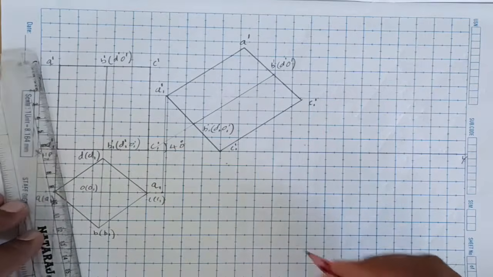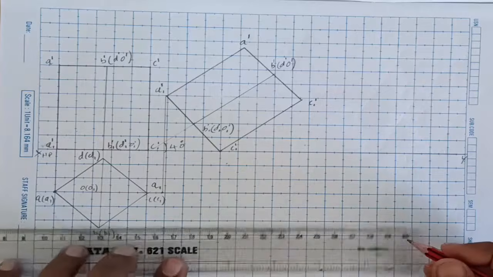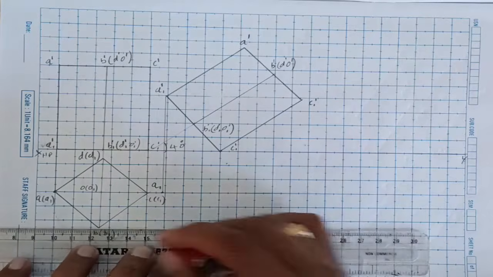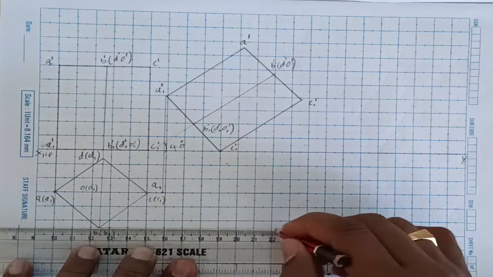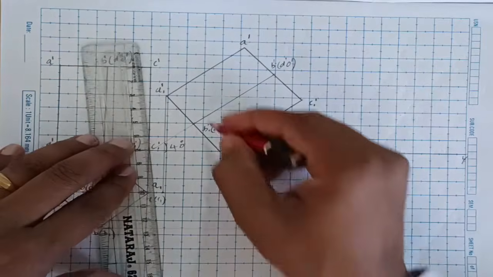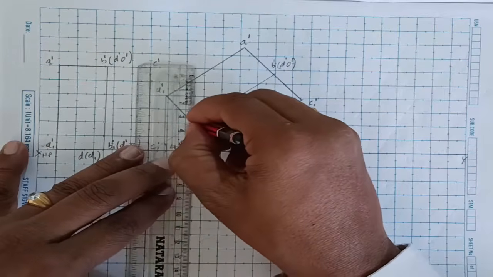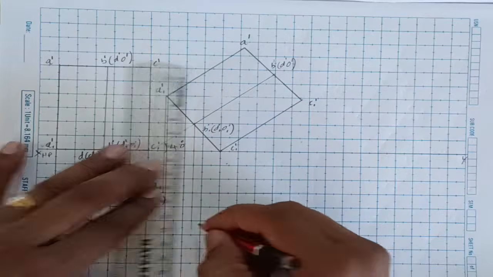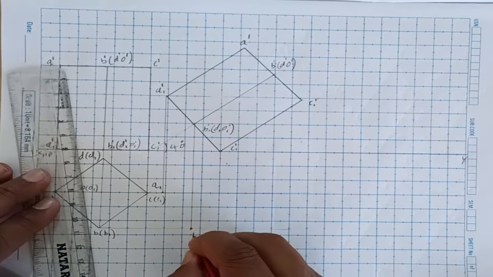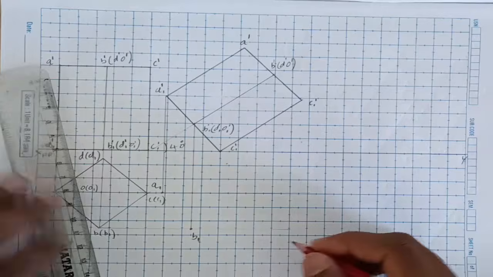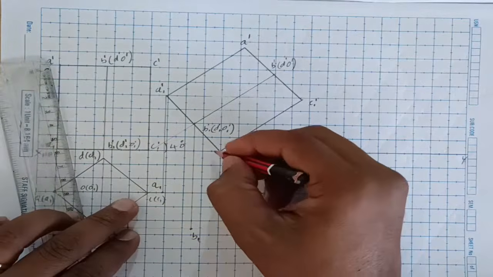A1 and A1 dash. Next, coming to B1. B1 is coming on this line. You can just draw the line here, and then B1 is here, B1 dash. Join this and on this point we are getting B1. And next C1 on this line, here C1 is.